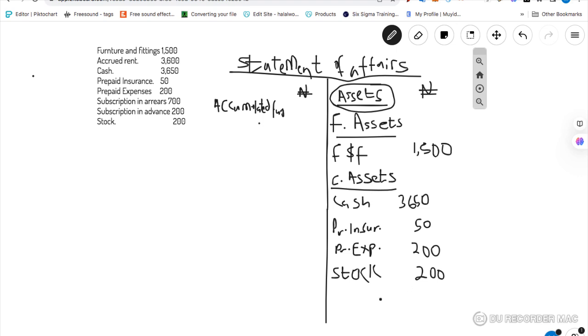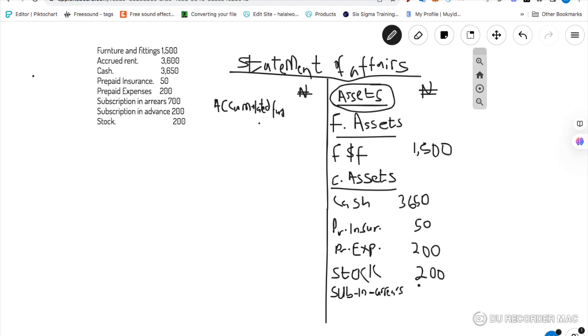So right here we have current liability. We don't have any long-term liability.